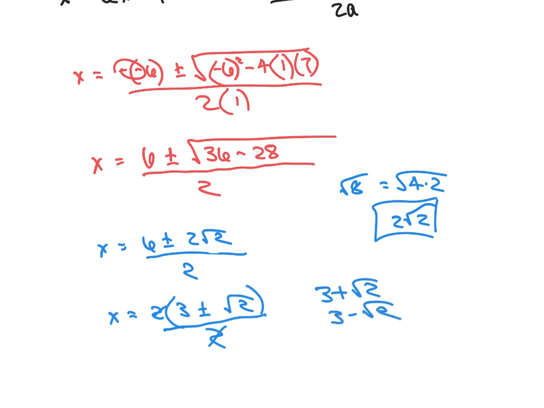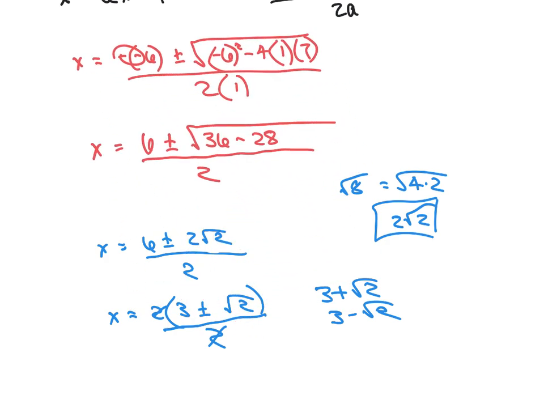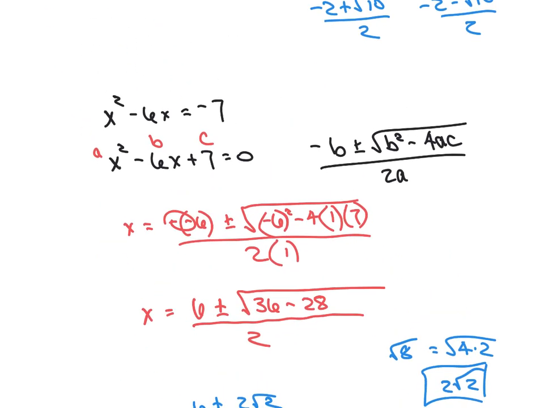Now, actually, I will take either 3 plus or minus the square root of 2 or written separate like that. I don't really care. But it is important to know that this means there's 2 solutions. Remember, if it is a quadratic, and you have a squared on this, you're going to get 2 answers.